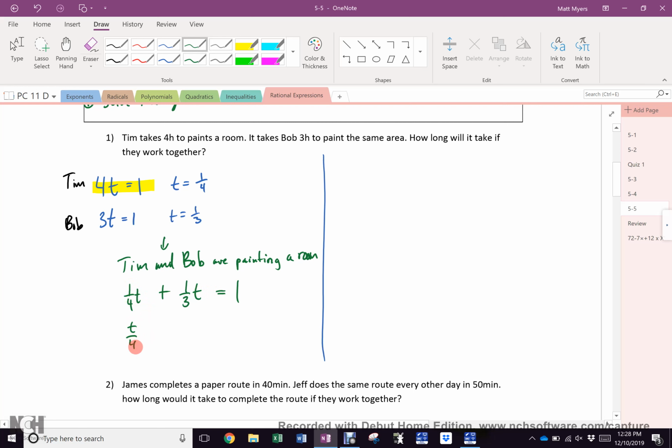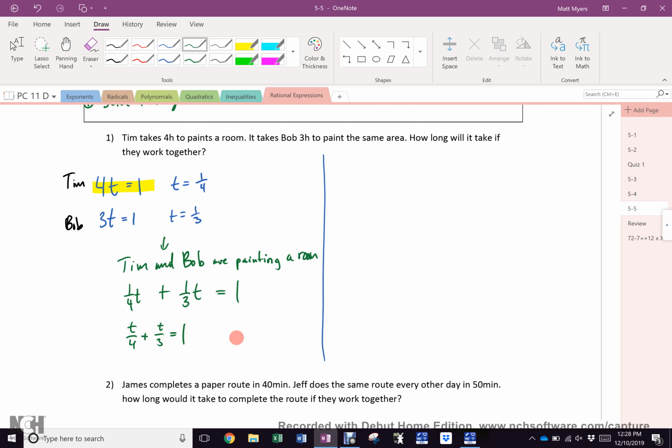T over 4 plus, what's this one? T over 3. Some fraction of the room is painted by Tim, some fraction of the room is painted by Bob, and what will that eventually equal when they are done painting? One painted room.